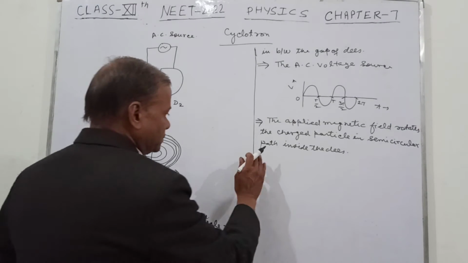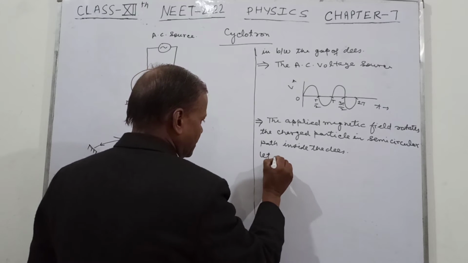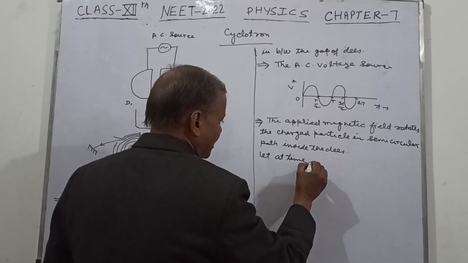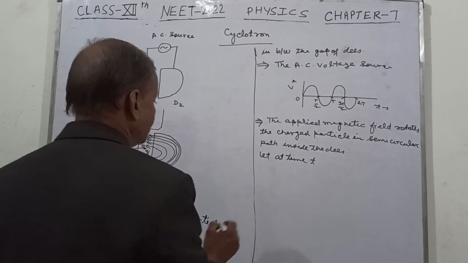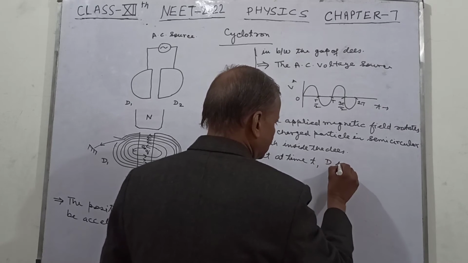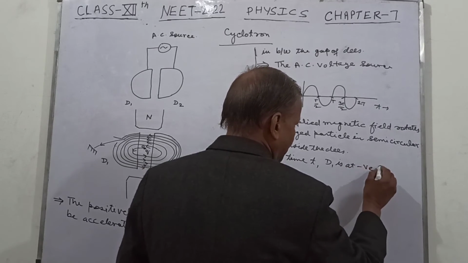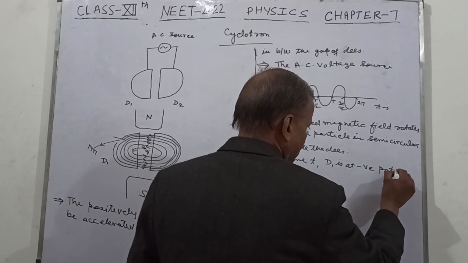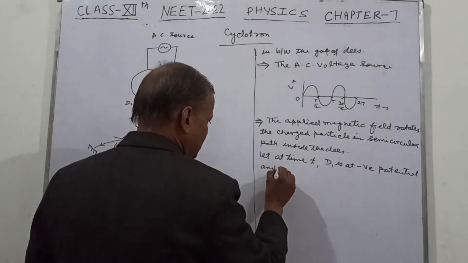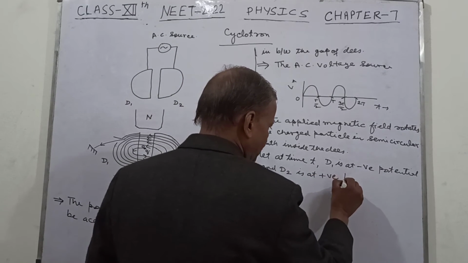So now let's say at time t, D1 is at negative potential and D2 is at positive potential.